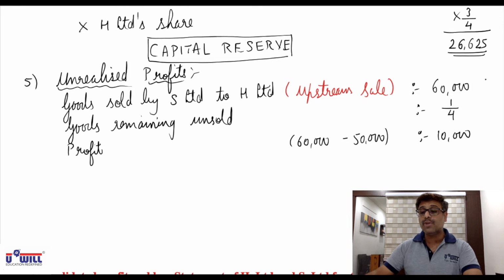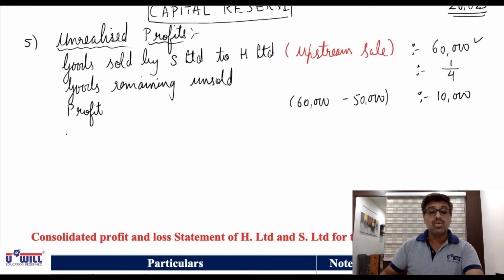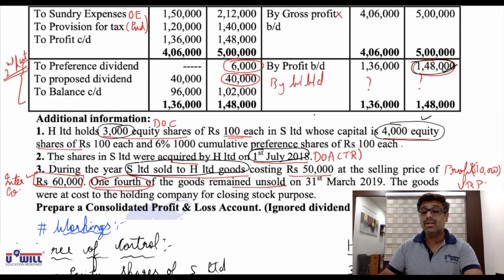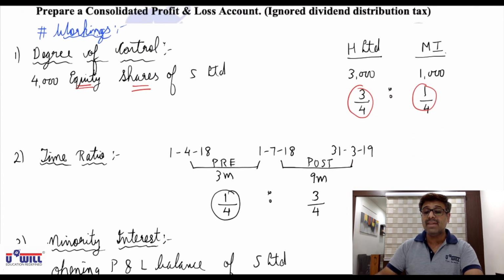But there is a total profit on all 60,000 goods. So what would be unrealized profit? Unrealized profit will be equal to 10,000 into 1/4 of goods remaining unsold. So only 1/4 will be taken, and because it is upstream sale, further we will do holding company's share in that. What is holding company's share? 3/4.